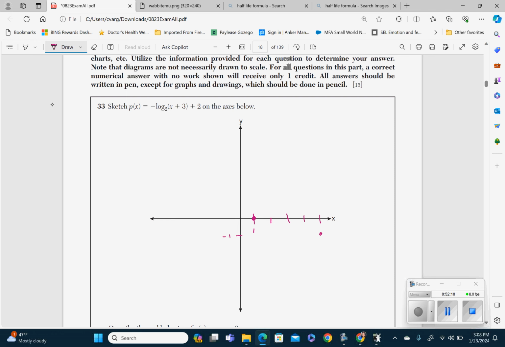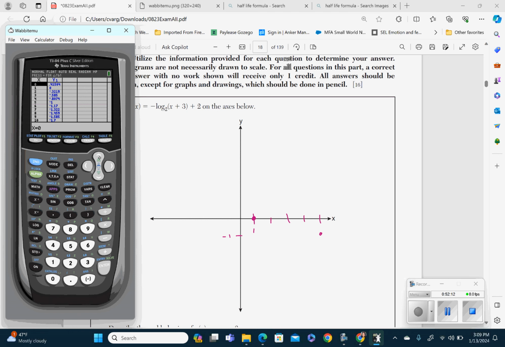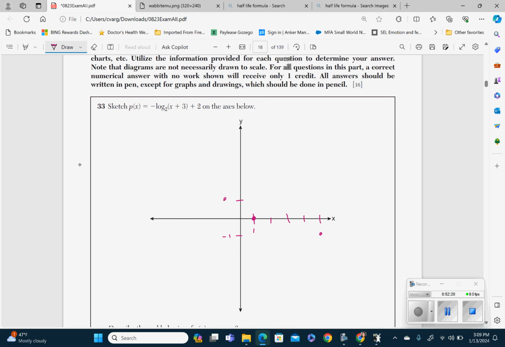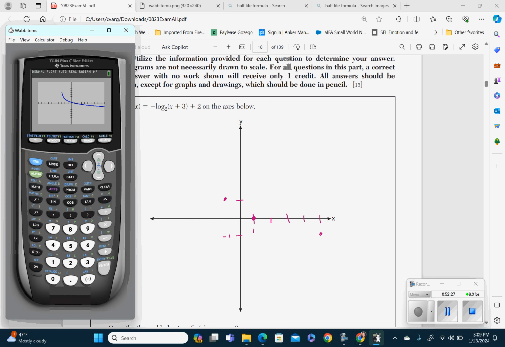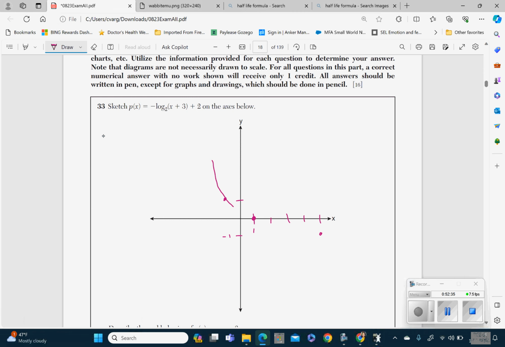Okay, let's see some other dots to put. Notice what I'm doing, right? I'm going to hold numbers. So negative 1, 1. So negative 1, positive 1. I'm going to put a dot. Okay, so now I'm going to go ahead and get this to match my graph. So what's happening here, right? I have something that looks like this. I have this, I have this, and it's going to keep going here, and it's going to keep going here.